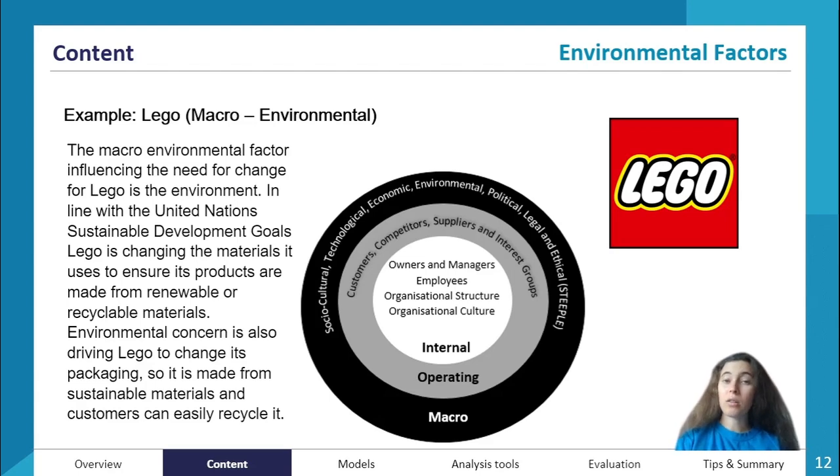So the same idea as Coca-Cola before, those changing values in society. So that's a socio-cultural aspect coming in as well, and the environmental values as well. So they changed their packaging, and it's now made from sustainable materials that can easily be recycled.